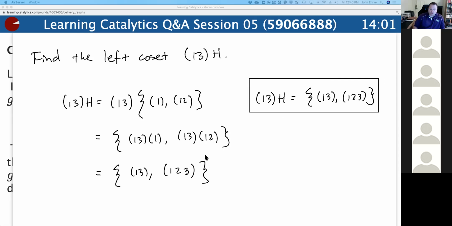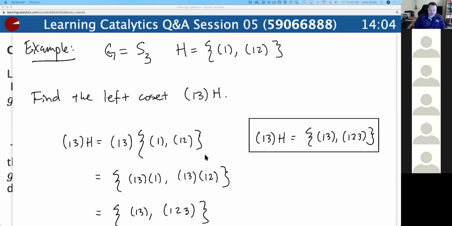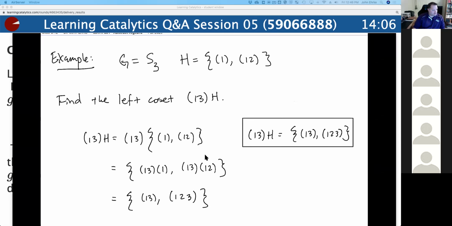So this is all a coset is in this course: it's just left or right multiplication of every element in a subgroup by some element from the group at large. So this element (1,3) comes from G. It's an element of the group that contains the subgroup, and I multiplied every element in the subgroup by that element.